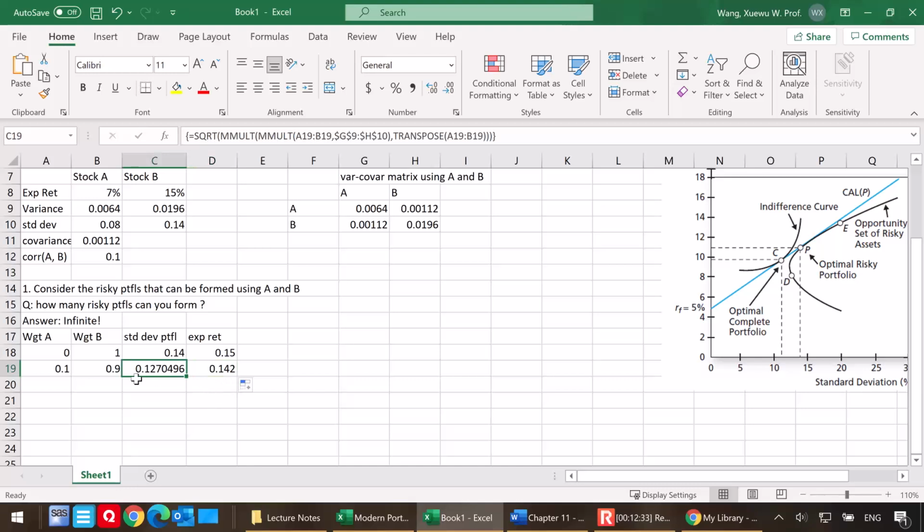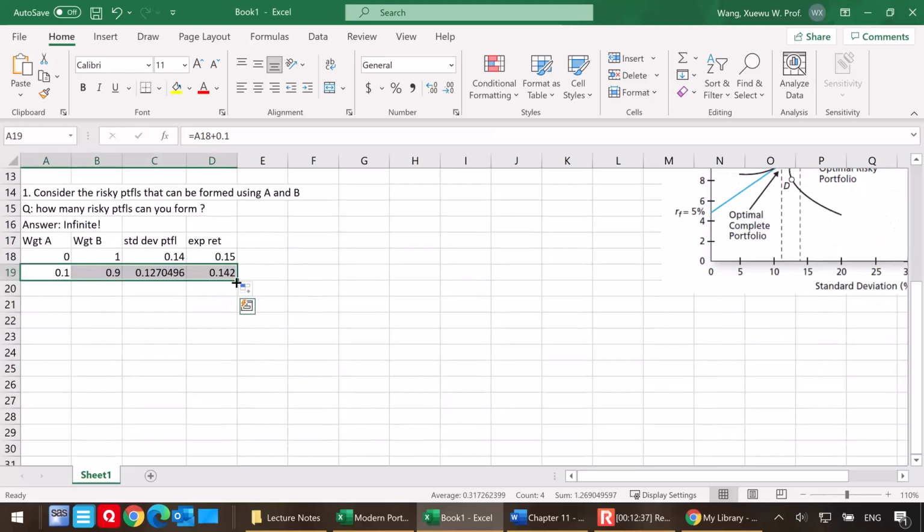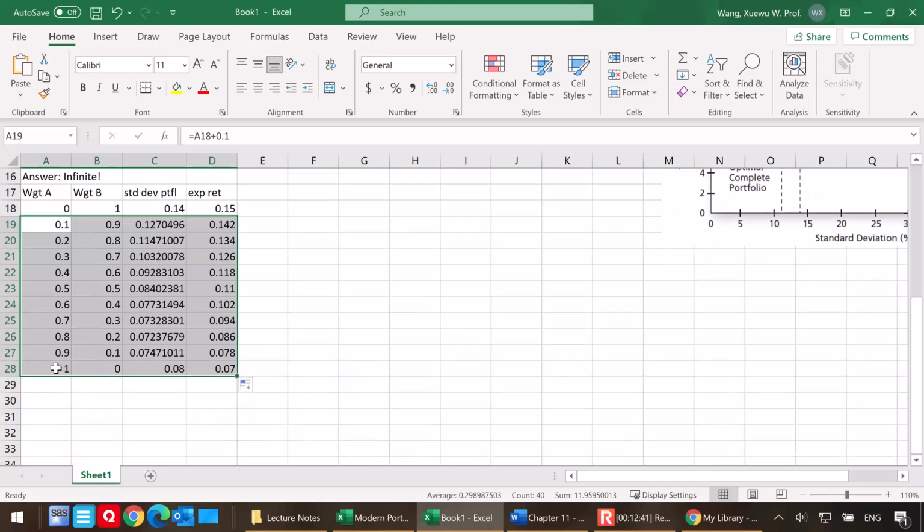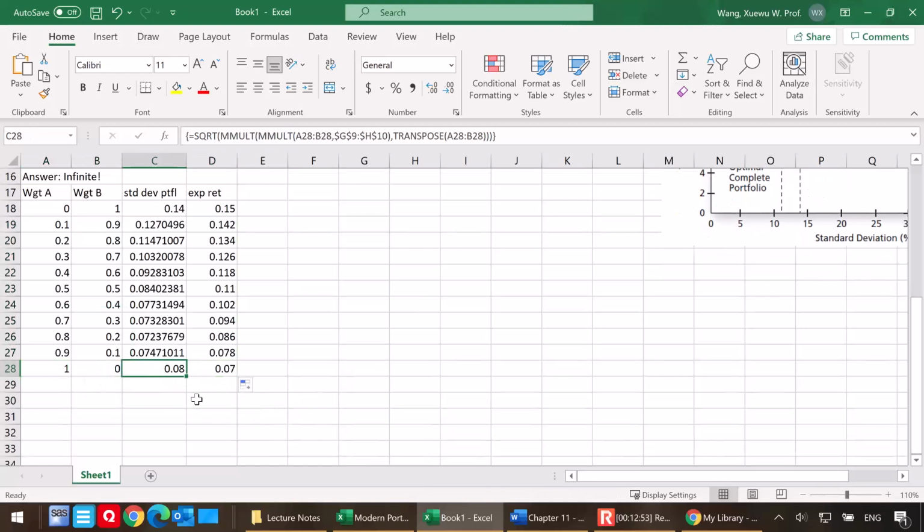So that is the second portfolio, and now I can construct more portfolios here until I'm completely the other way around. So this is investing everything in A and nothing in B. And of course, I'm just going to get 7% expected return on A, and I'm paying 8% standard deviation price for A as well.